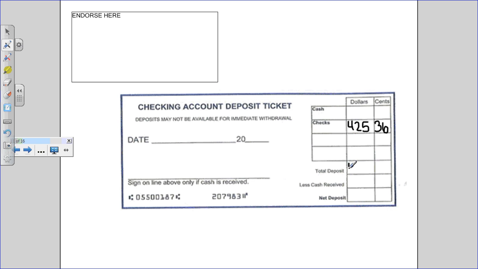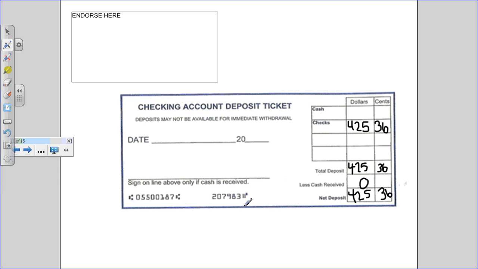Our total deposit then is $425.36. We did not receive any cash, so we put a 0 there. So our net deposit is that same $425.36. This is a pretty easy one, pretty straightforward.